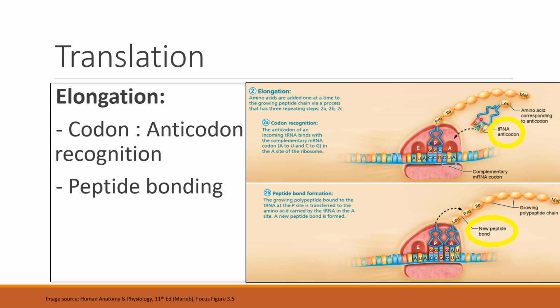You'll have this transfer RNA coming into the spot here. When it does that, it'll bond this amino acid to the chain. See how the chain now elongates? Because this transfer RNA brought in this one called leucine. It comes in here. It'll make that bond, and then now we have leucine attached to proline.